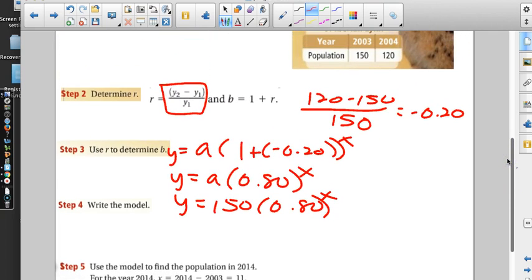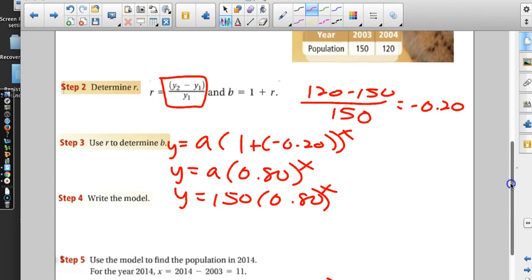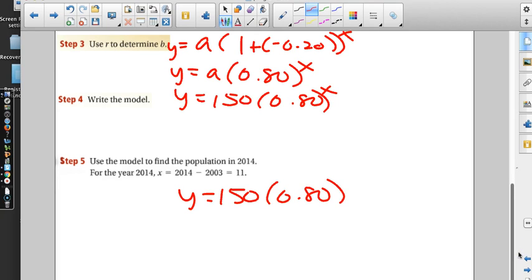2014 is how far away from 2003? We just do a little subtraction. 2014 minus 2003, how many years? 11 years. Let's plop an 11 in here.